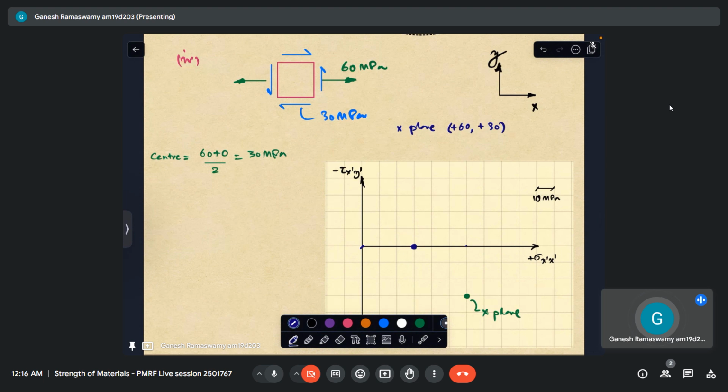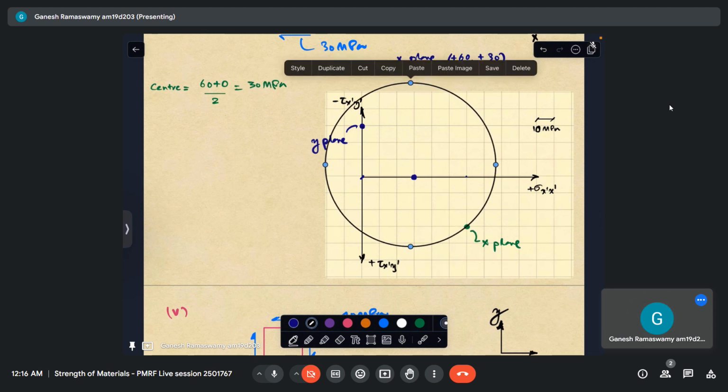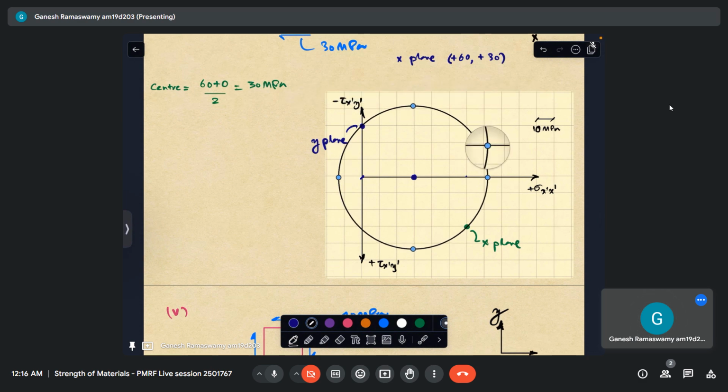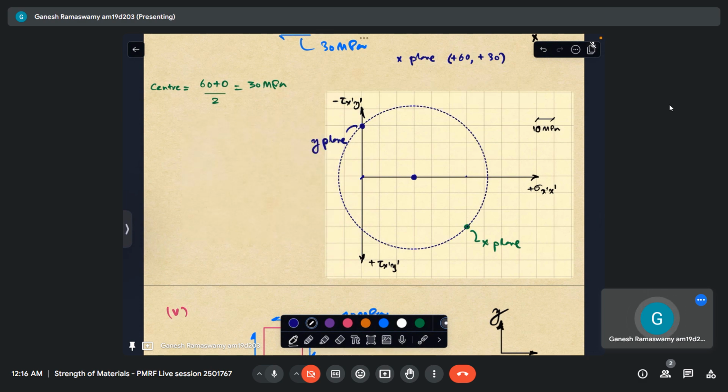Normal stress is 0 and this is 30. So this is the y plane. So my Mohr circle is like that, passing through these 2 points. So this is my Mohr circle for this problem.